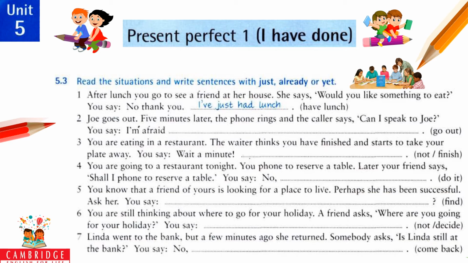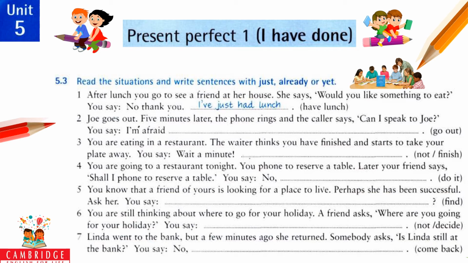Students, this is one of the most important exercises. 5.3. Read the situations and write sentences with just, already, or yet. Which means you need to read the sentences and then understand the situation.